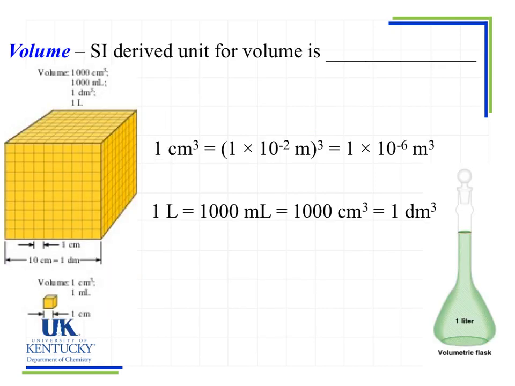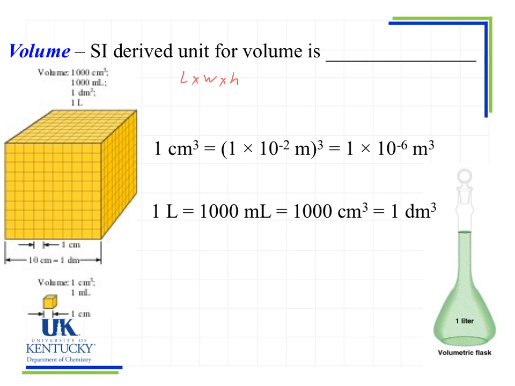So volume, as we said in the second slide, volume was not on the list of SI base units because it's an SI derived unit. And what is the SI unit for volume? So, volume of a cube is length times width times height, right?